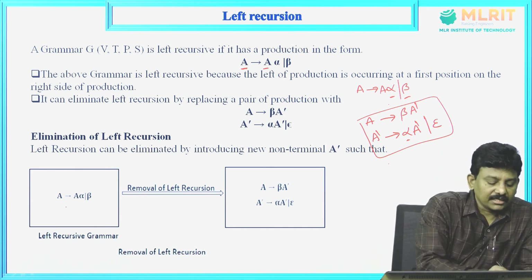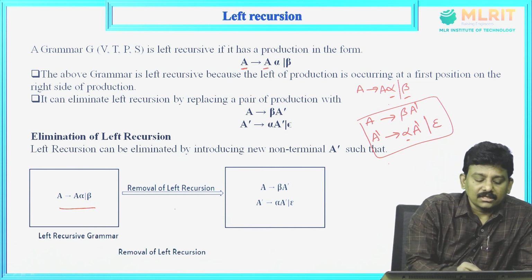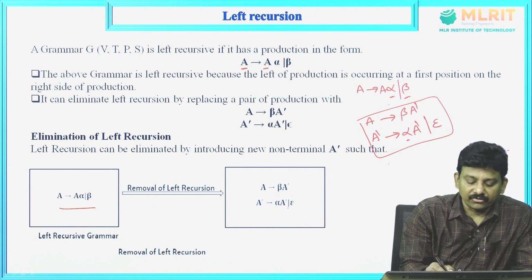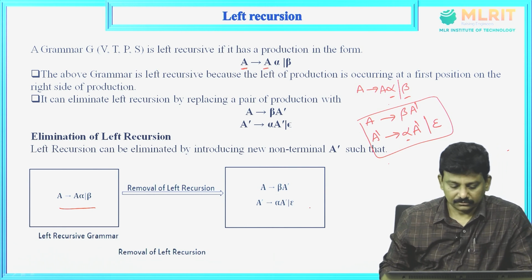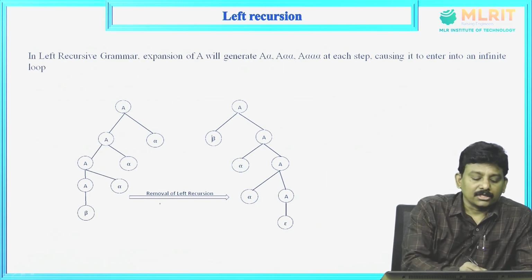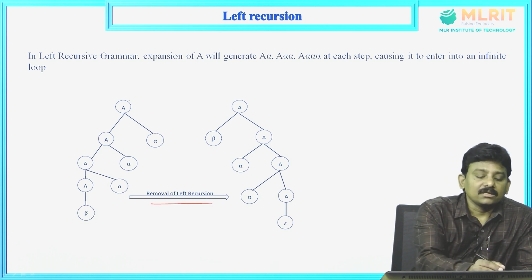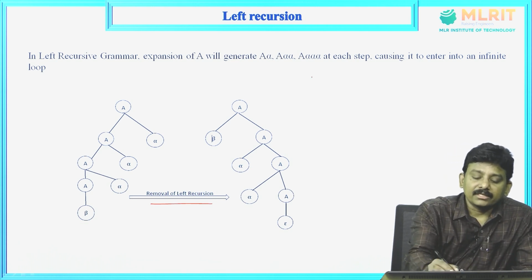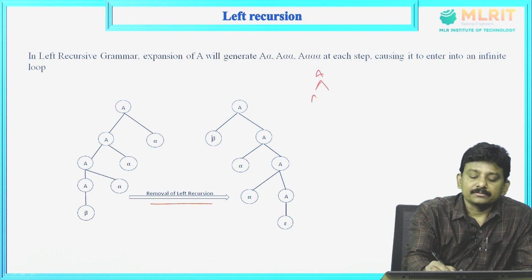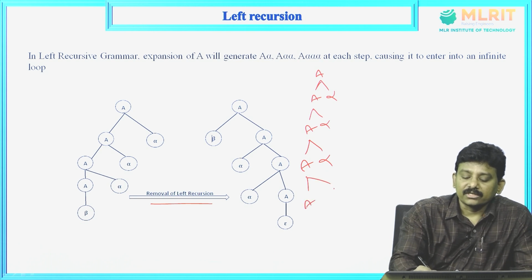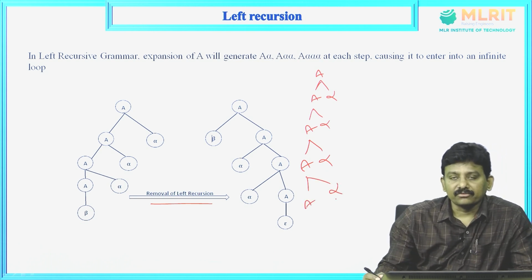A derives A alpha or beta is replaced by A derives beta A dash, A dash derives alpha A dash or epsilon. Removal of left recursion causes right recursion. If you repeatedly apply A derives A alpha, again and again, it will enter into a loop, that is left recursion.